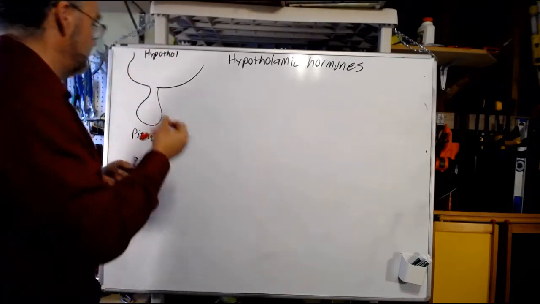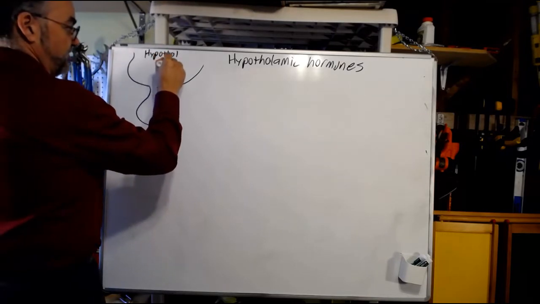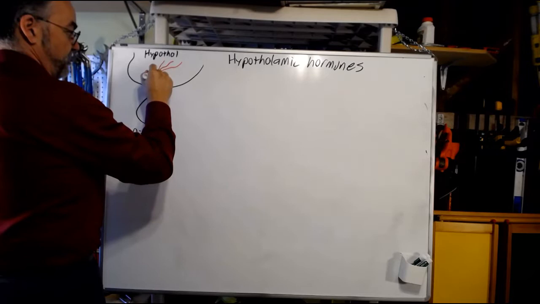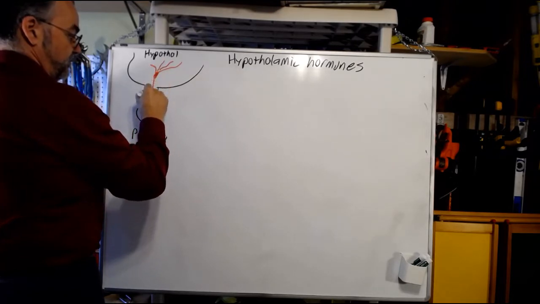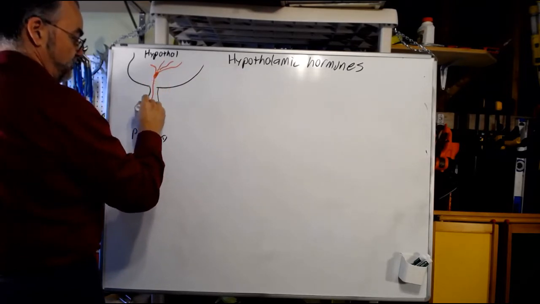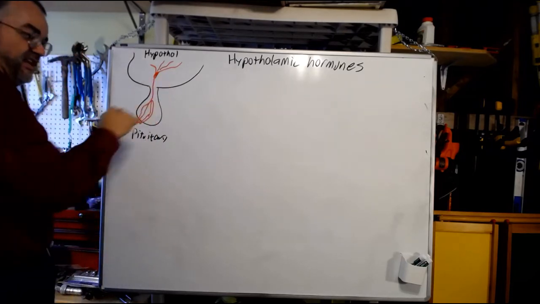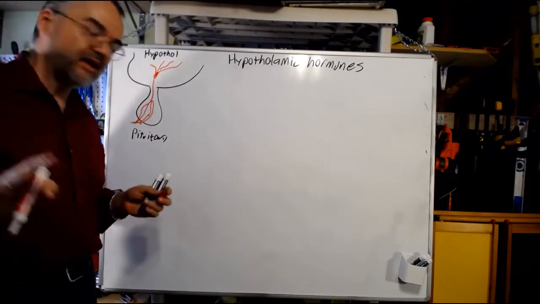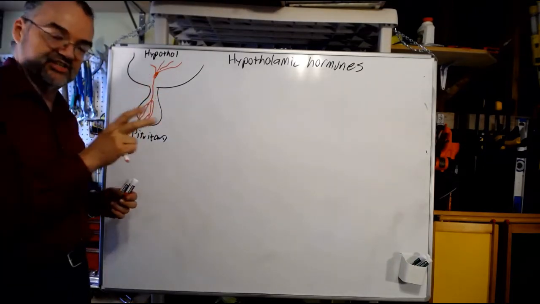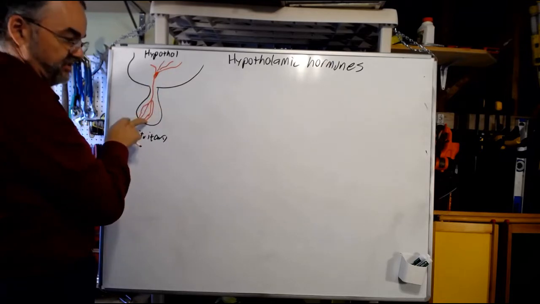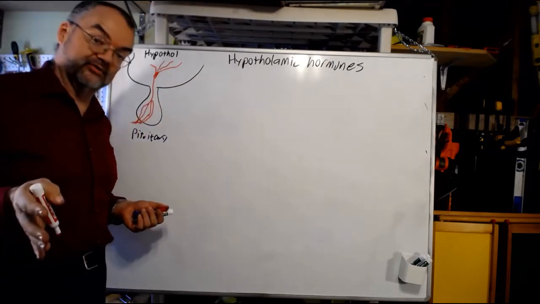a hormone. And what we've got up here is a number of blood vessels, a set of capillaries up here, that then feed into another set of capillaries down here in the anterior pituitary. So this is one of these interesting systems where we have one set of capillaries that is followed by another set of capillaries, what's sometimes known as a portal system.